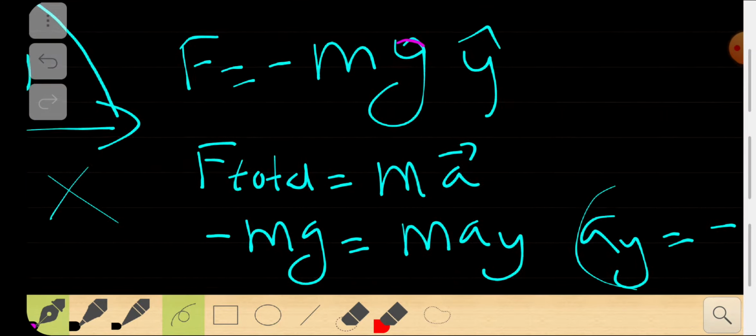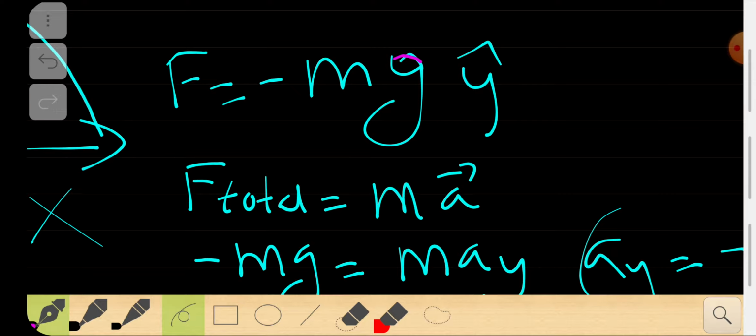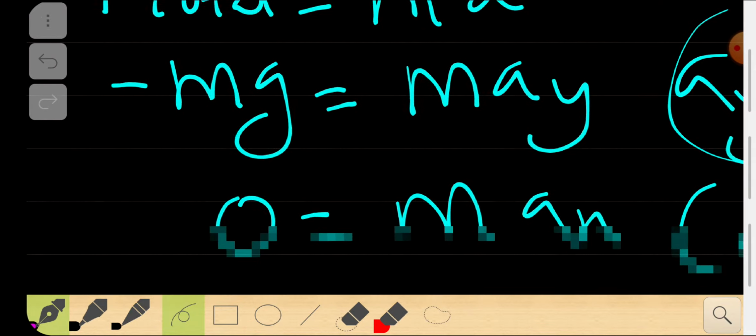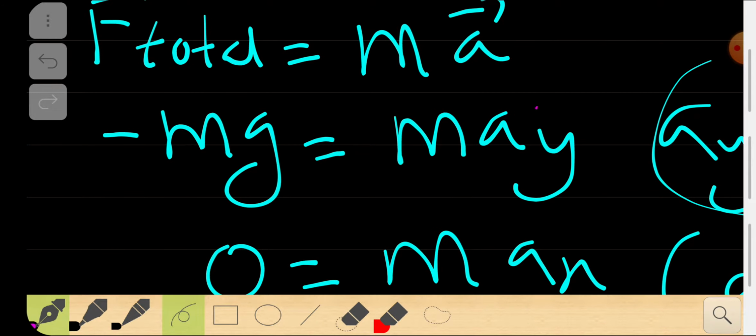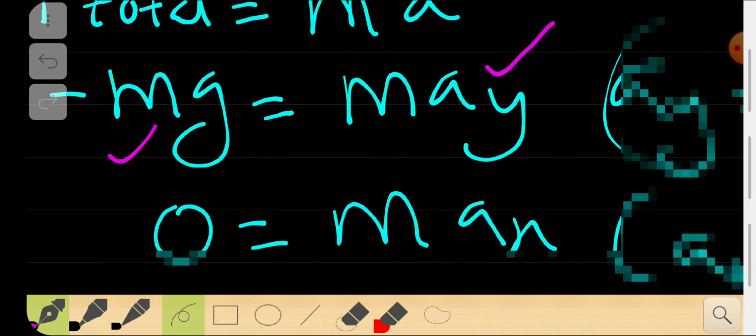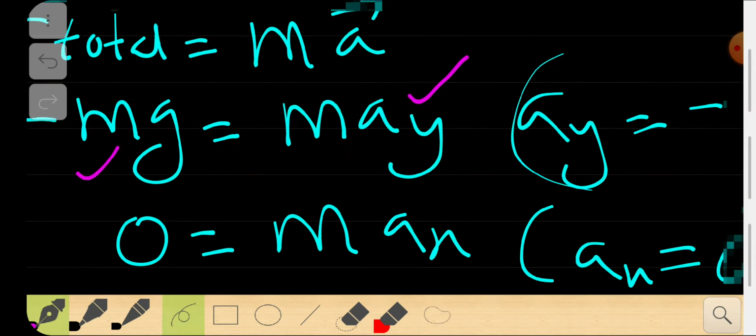So we know the gravitational force existing here, and in the y cap direction, that's why there is an ay here. In the y cap direction, the force which is may is equal to minus mg. That's the only force existing in the y cap direction.